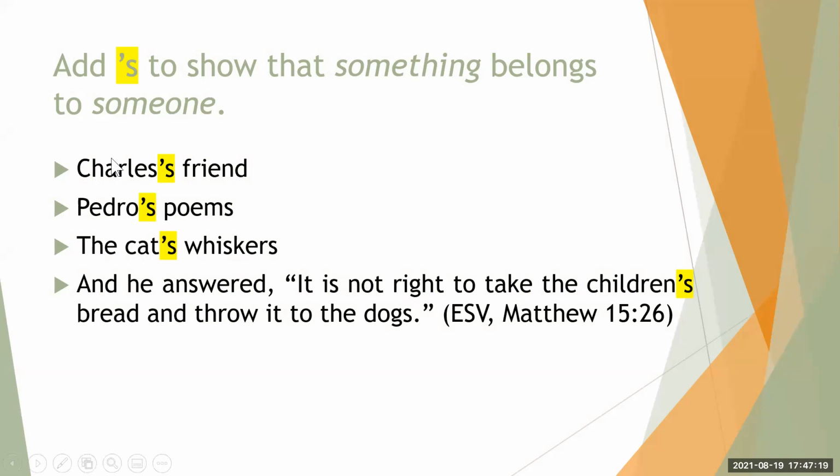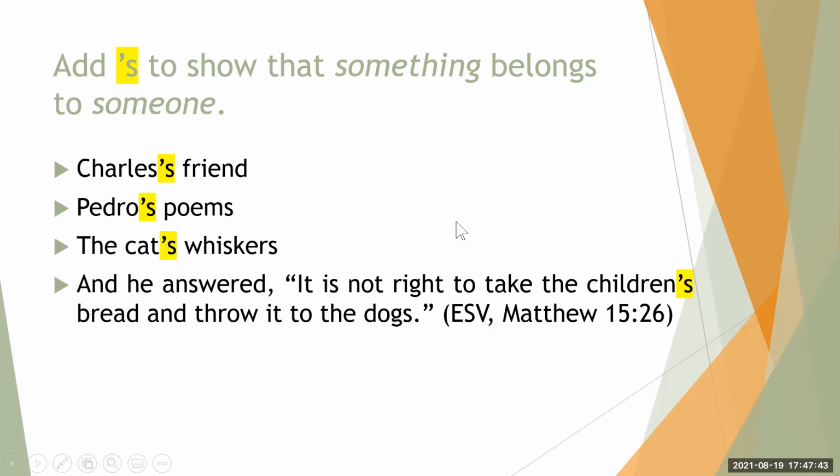You would call this a noun. So Charles, the friend belongs to Charles, so it's Charles's friend. The poems were written by Pedro or are owned by Pedro, so Pedro's poems. The whiskers belong to the cat, so the cat's whiskers. And the Lord Jesus says in the Gospel of Matthew, "It is not right to take the children's bread and throw it to the dogs."